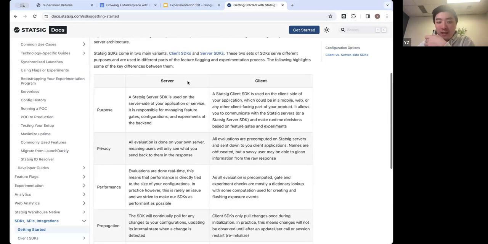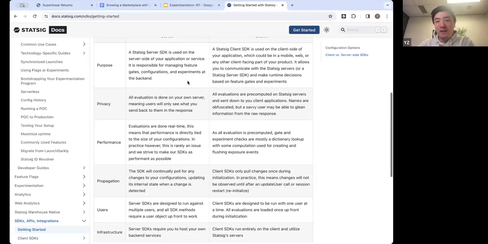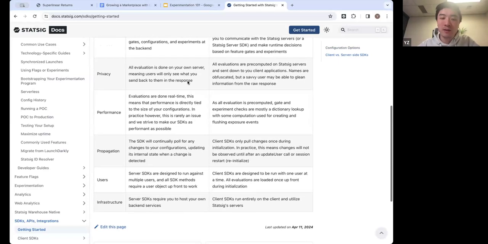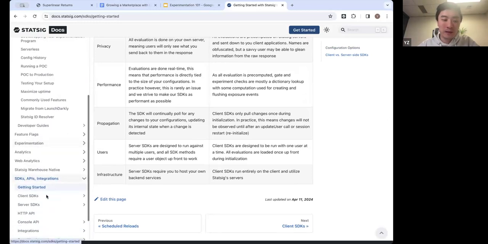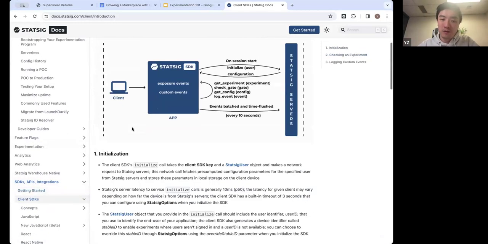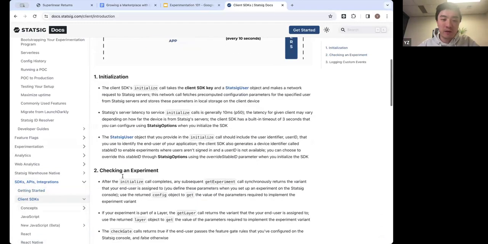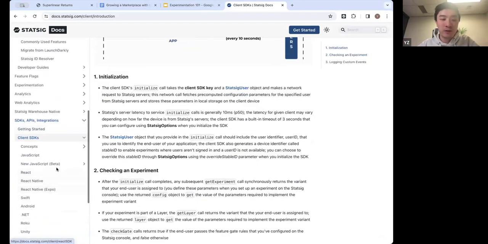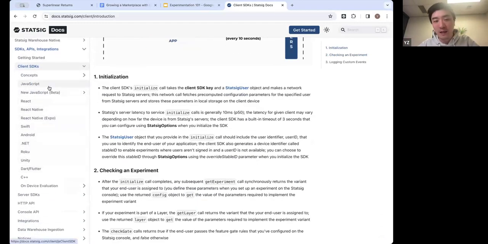Then you install the SDK, and the SDK can help you generate logging and send data back to Statsig for calculation, and do feature flags to control the user experience. This document gives you everything you need to know, and you can see we support SDKs in many different languages.